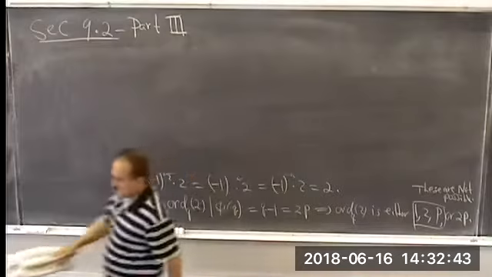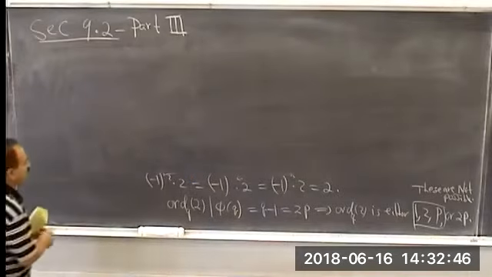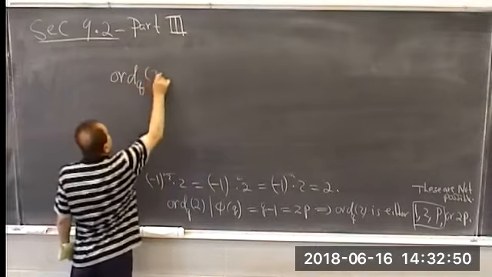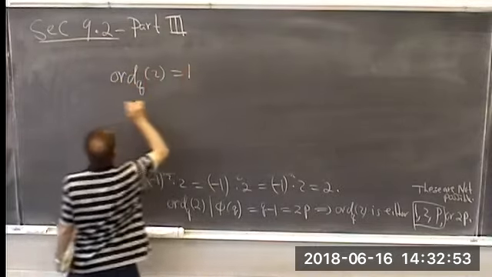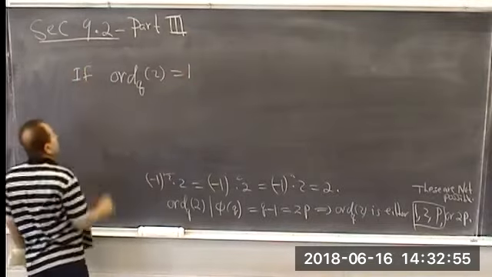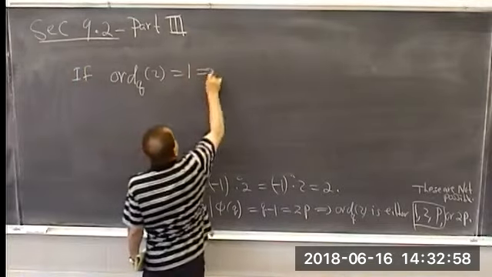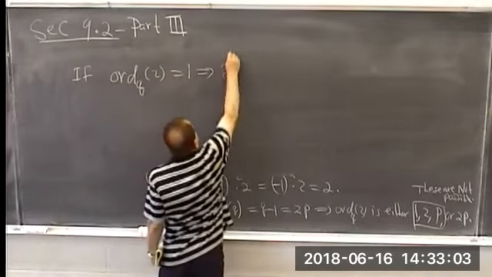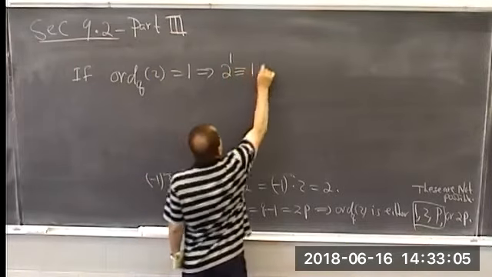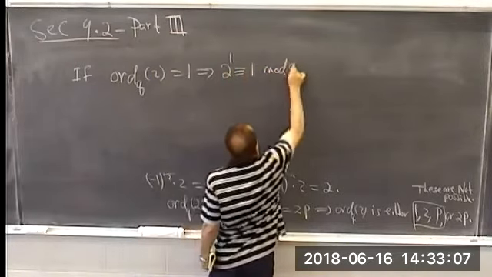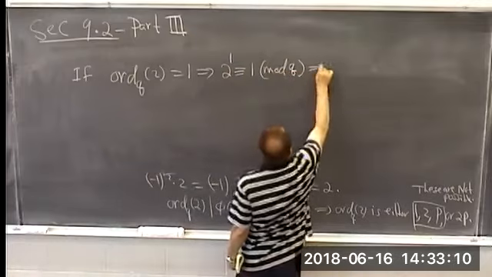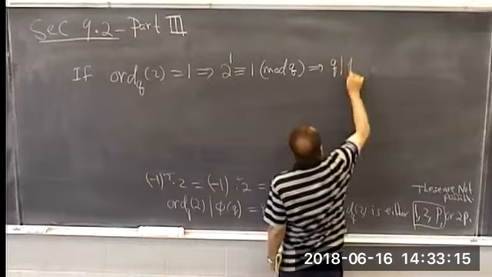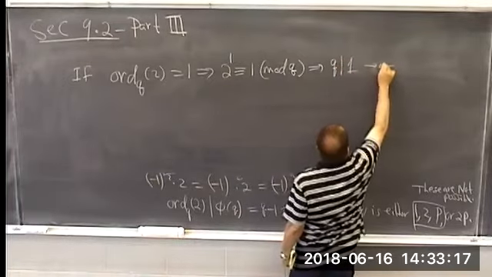So let's look at the possibility that the order of 2 is equal to 1. This would imply that 2 to the 1 is congruent to 1 mod q, and this would imply that q, which is an odd prime, is divisible by 1, and of course this is a contradiction.